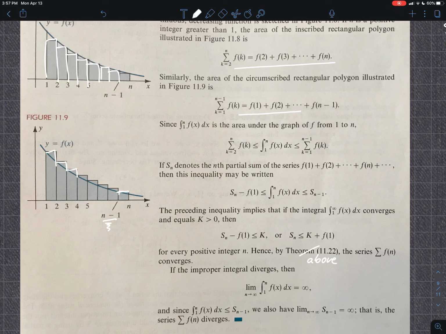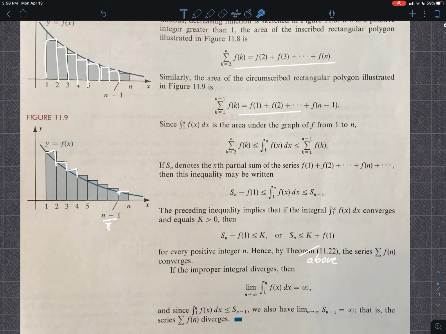So what you get then is that the integral is between the outside and the inscribed summations. So if S sub n is the partial sum, then we can rewrite this sum in this way. And it takes a little bit to see why that works and why the notation and subscripts work. You've got to study that a little bit.